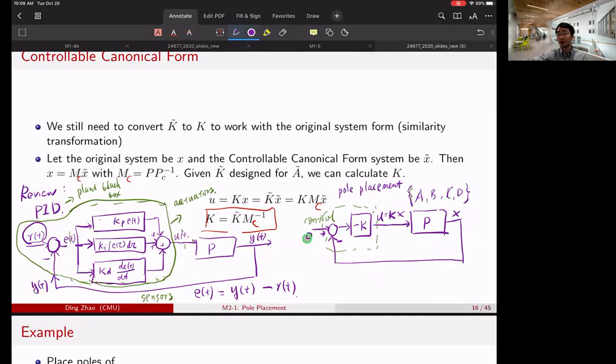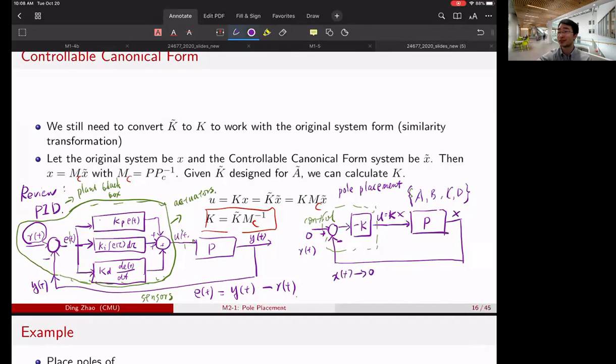But you may also ask why we have 0, right? What if, instead of 0, I want it to be R(t)? That's actually similar. You can use a similarity transformation, or just shift the R(t) to the origin, right? In other words, the original system, I want to bring x(t) to 0.